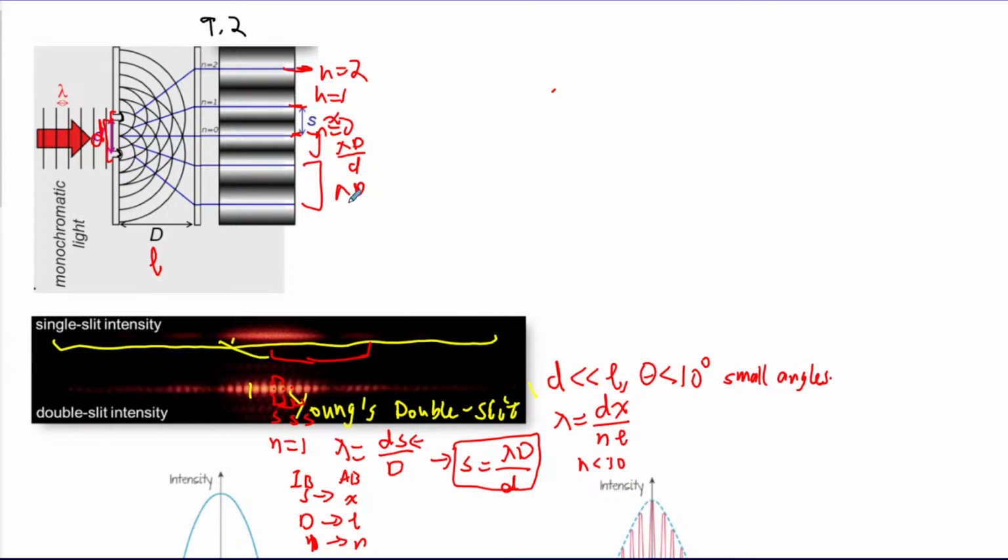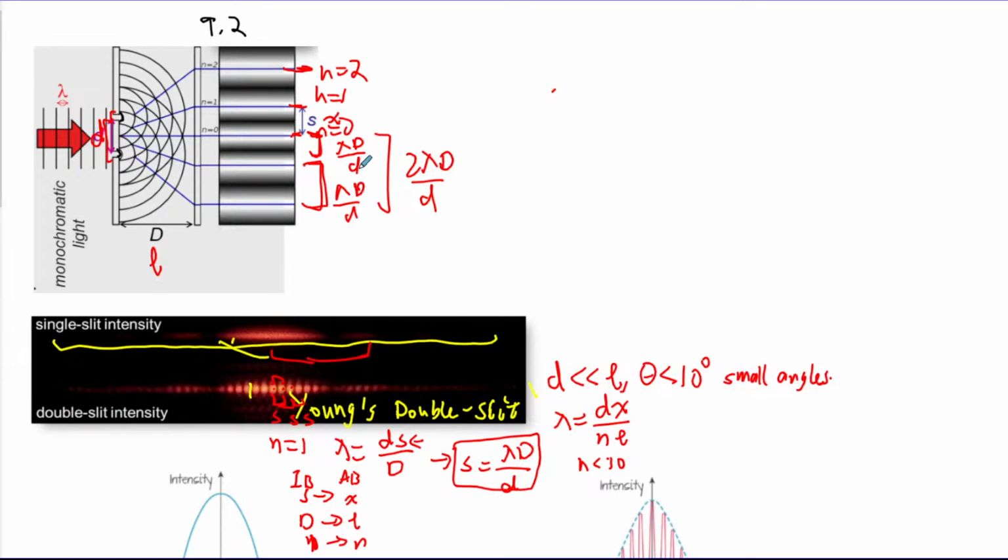So this distance of course is lambda D over d. That's the definition, the first one. But this one is also lambda D over d, so there's 2. So the total is 2 lambda D over d, and so on for the first few. For the first few nodes, he didn't really care about what's too far out, it's harder to measure. But for the first few, you will notice that they indeed work like that.